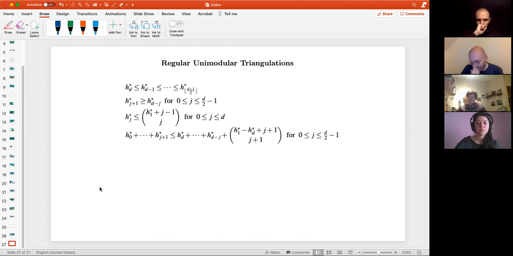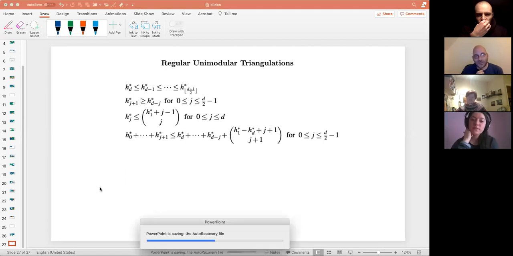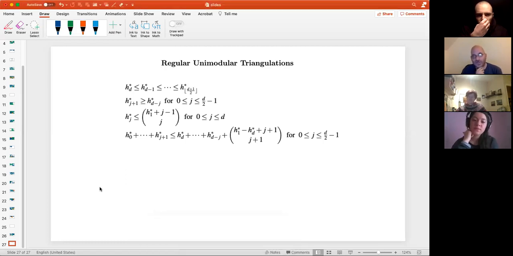And now people like Alessio and Lorenzo become wide-eyed, because they know that in this situation there's lots of additional stuff that we know about the h vector. After many pages of work, this gives you some rather strong conditions on h star. And so these are four theorems, if you want, for lattice polytopes that admit regular unimodular triangulations.